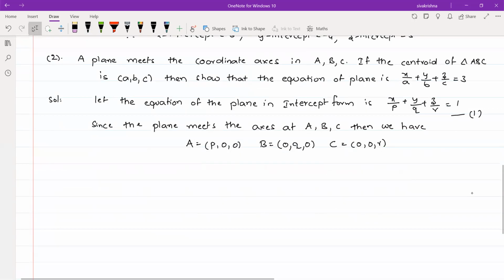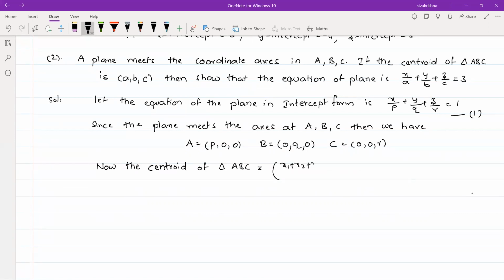So I am writing that now, the centroid. Whenever we are having 3 points, we can find the centroid. Centroid of triangle ABC is equal to, the formula is x1 plus x2 plus x3 by 3, comma y1 plus y2 plus y3 by 3, comma z1 plus z2 plus z3 by 3.